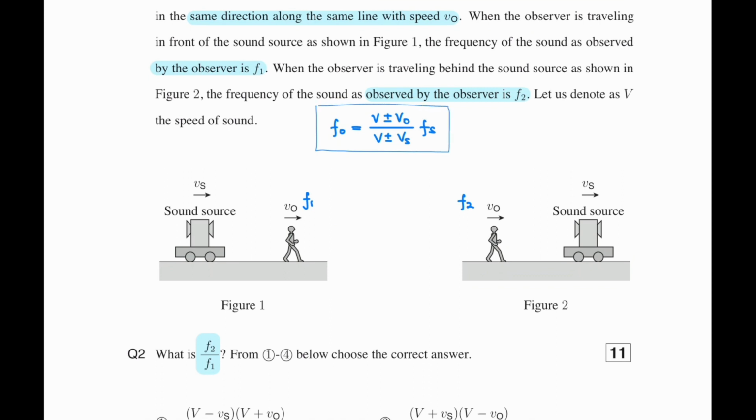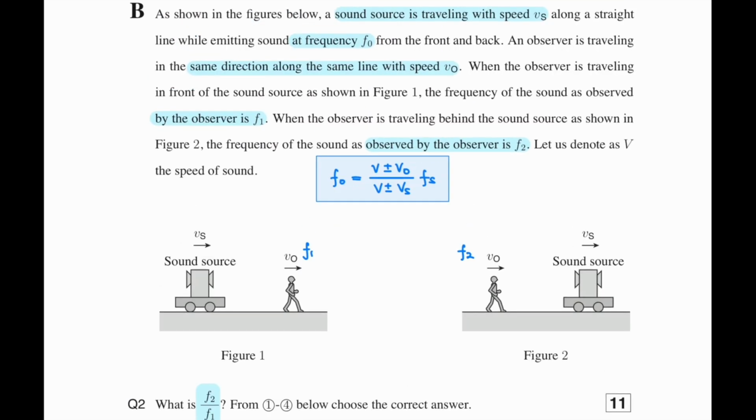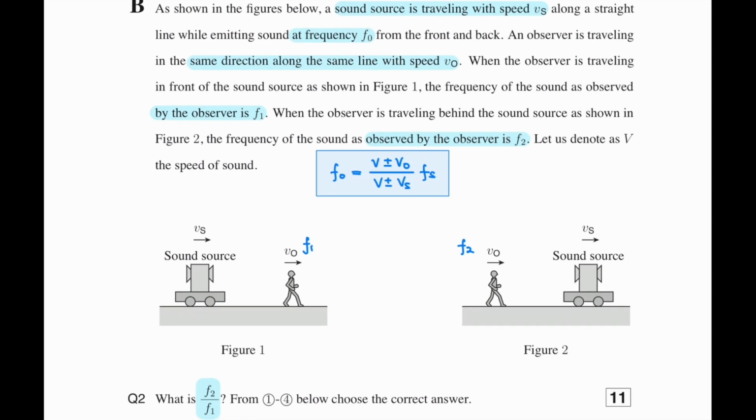Sometimes we get confused when we need to determine which sign to use in our condition. So let's say in figure 1, should we choose positive or negative in the denominator? Sometimes we get confused about the sign. I have a little trick for you. If you want to use the Doppler effect and you are confused about how to determine the sign, usually we can use this method.